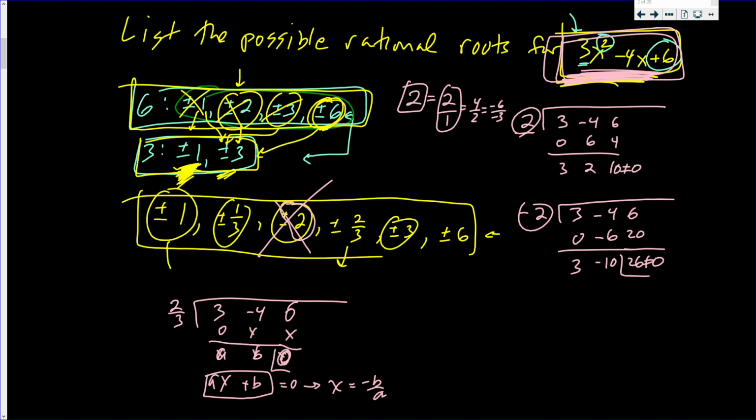So once you find one of them, you'll knock down this quadratic equation, this second degree equation. You'll get a linear equation. You will now know that 3x squared minus 4x plus 6 is x minus this number.